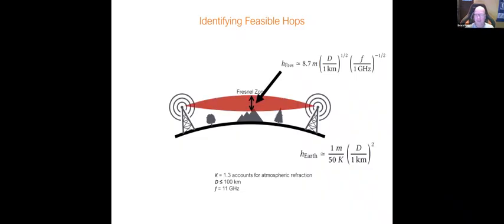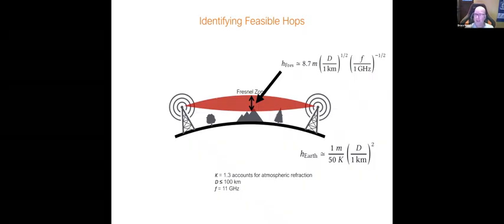It says there's a zone called the Fresnel zone between the two antennas that has to clear any obstacles if you are to be able to successfully transmit. But this stuff is really well known and the models work really well.